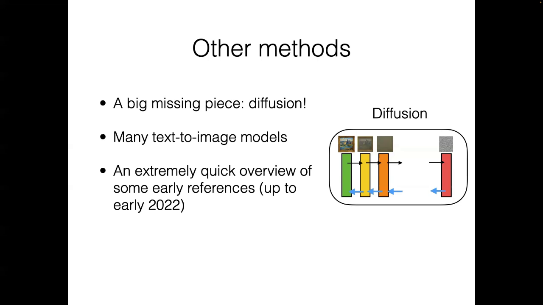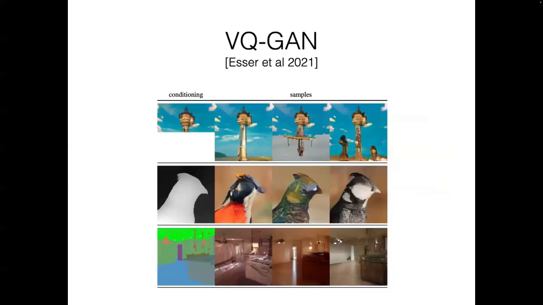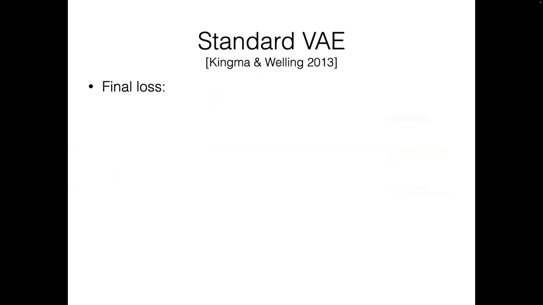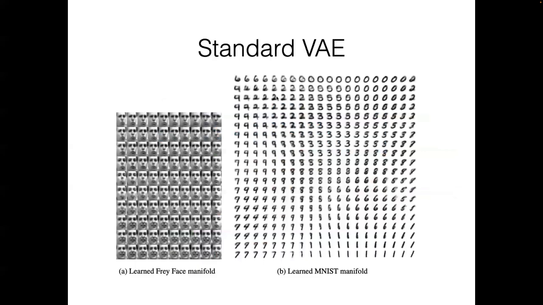Okay, so is it analogous to the kind of features that a CNN learns, the feature map of a CNN? The closest analogy is this. Here the model learns to compress images into this continuous space.